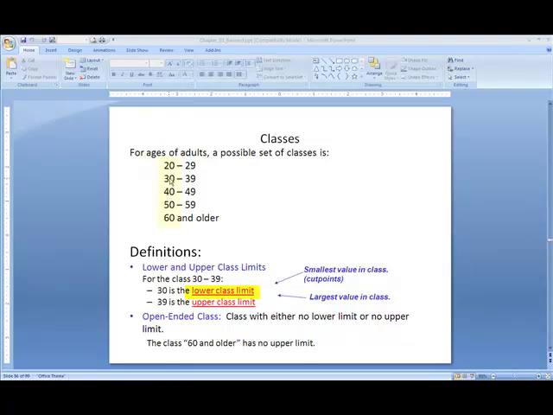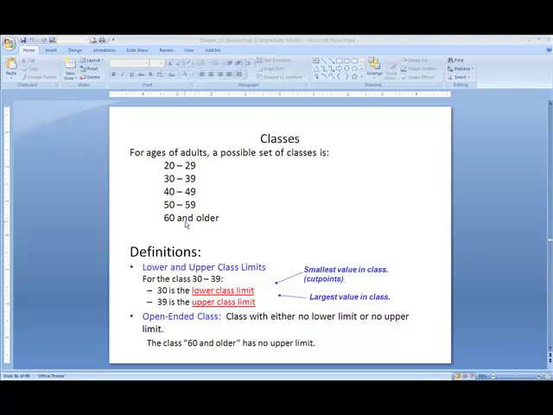Now, when you look at this, the numbers to the left, those are our lower class limits. The numbers on the right-hand side on all these different groups or classes or bins are our upper class limit. But you'll notice here on the very last one we have an open class, an open-ended class. So 60 and older, because I don't want to just do 60 to 69, 70 to 79, because there might not be that many people.